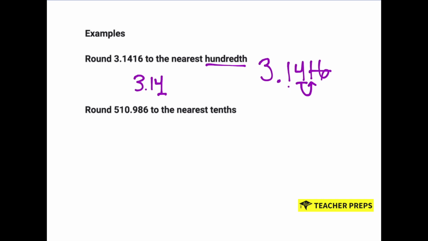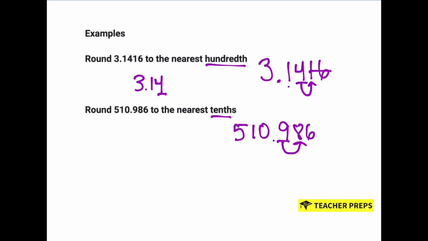Let's go through one final problem, and this one's a little bit trickier than the ones above. The first step is to underline the digit in the tenths. That's the 9. When we look behind the 9, we see an 8. That 8 makes the 9 go up 1. To go up 1 really means that it's a 10.